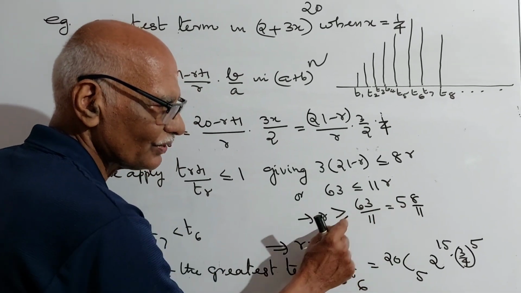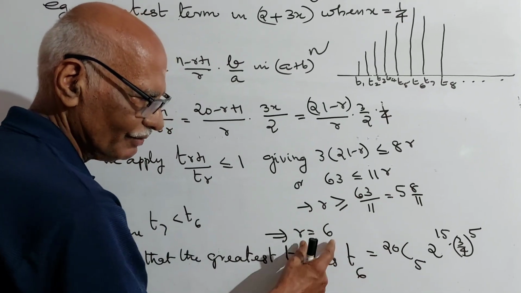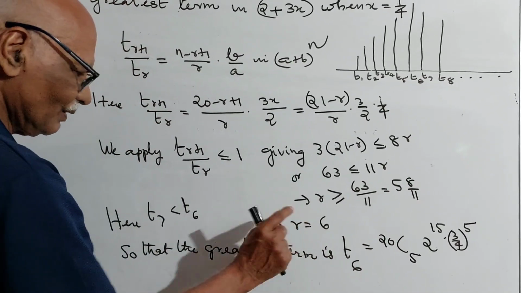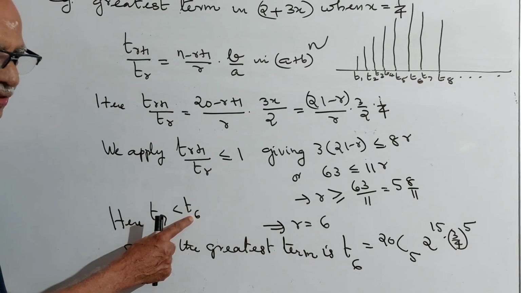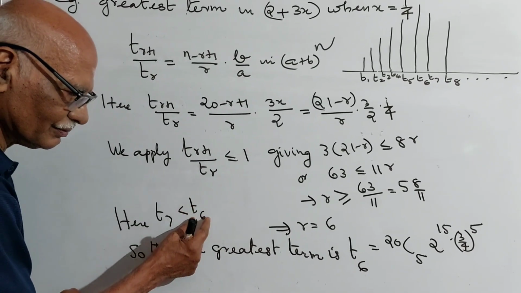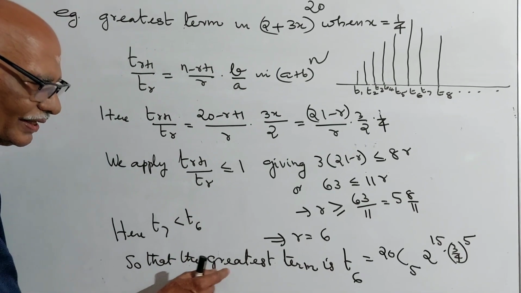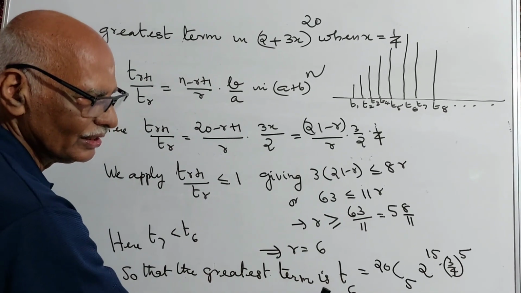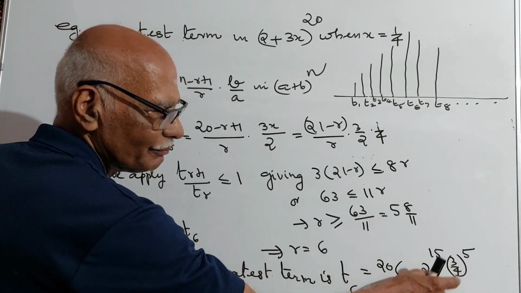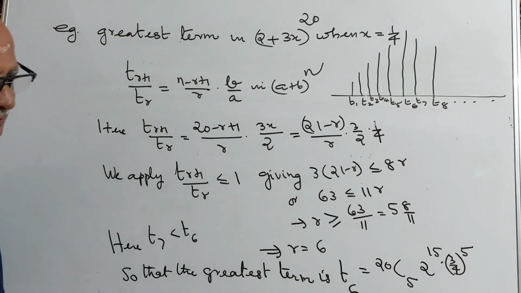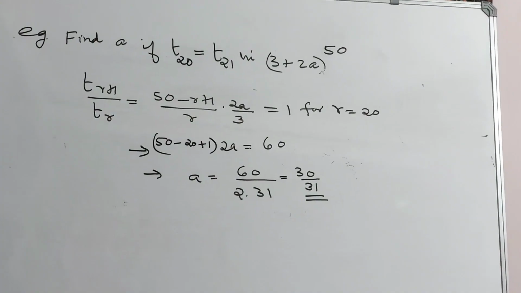So we go for the higher number than 5, which is 6. So r equals 6. So this is a situation T7 is less than T6. So T6 is the biggest one. So the greatest term is T6, which is 20C5 × 2^15 × (3/4)^5. That gives you the answer.